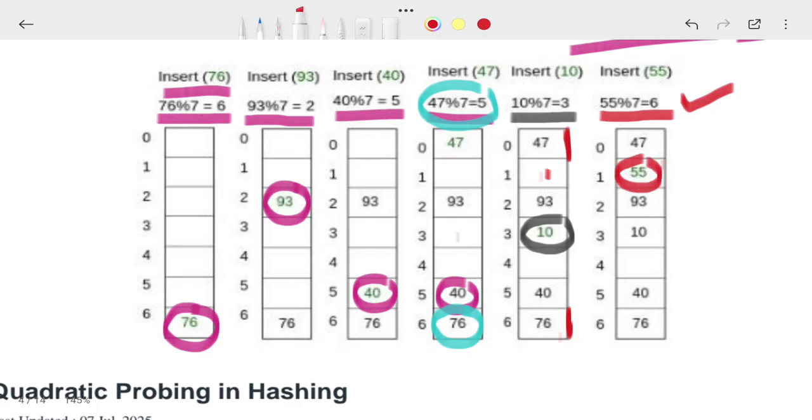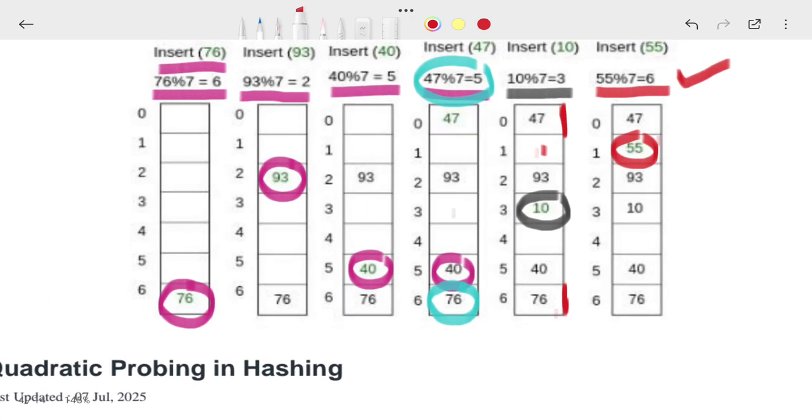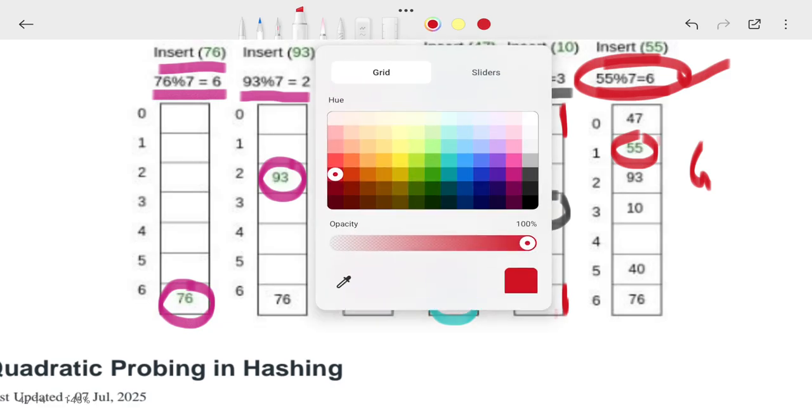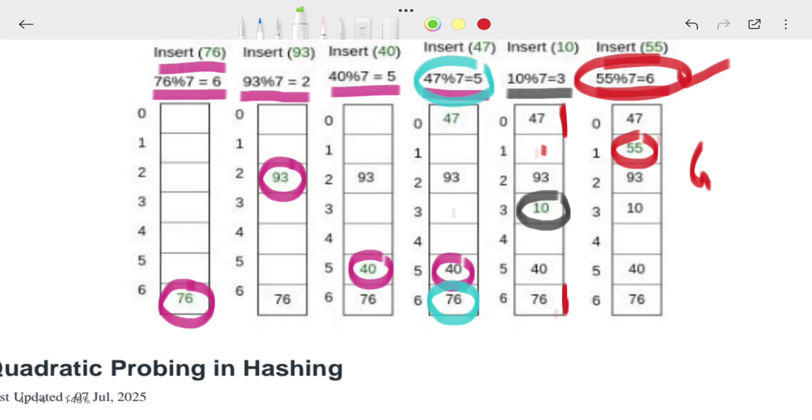What is the probe value? Probe value means this question came in your GATE exam. What is the probe value for 55? Probe value means how many comparisons. So how will you solve this problem? At first the remainder for 55 is equal to 6.